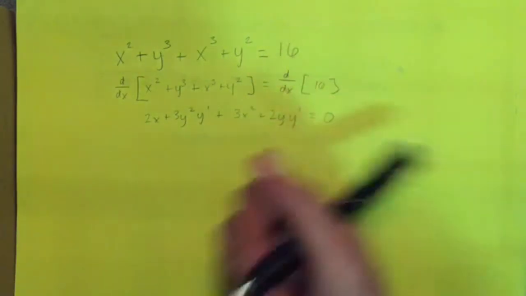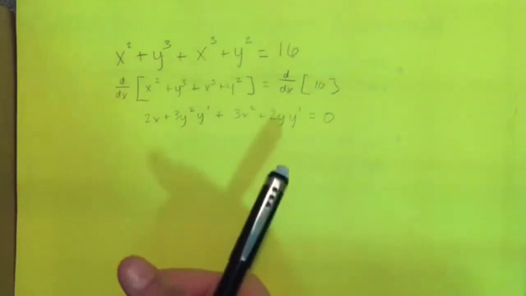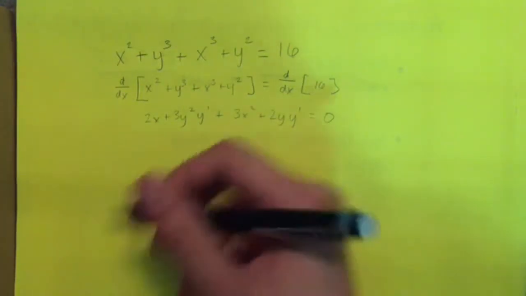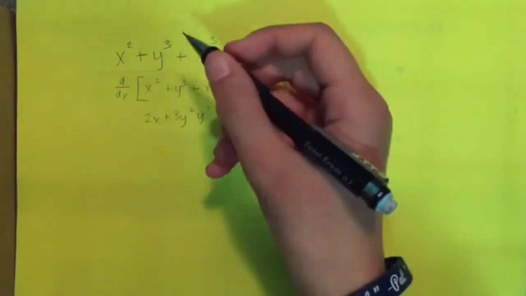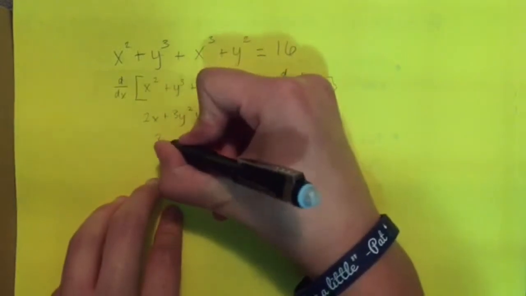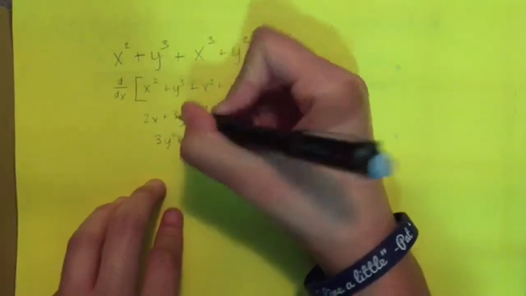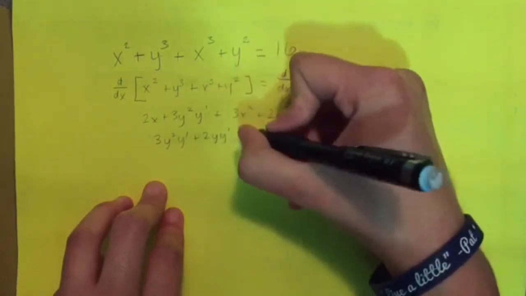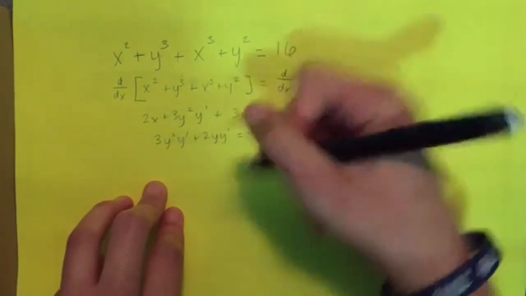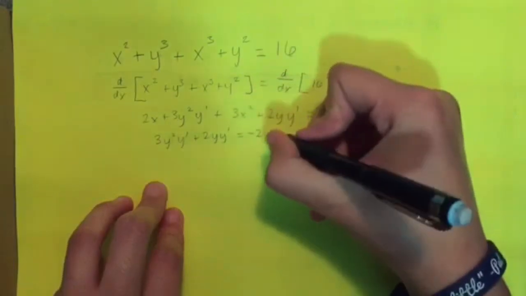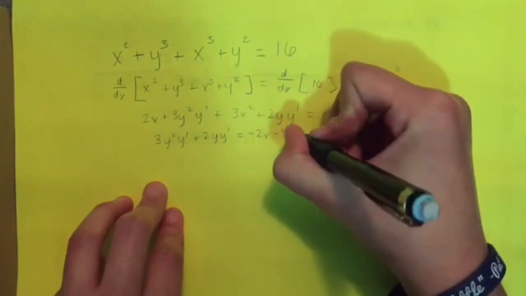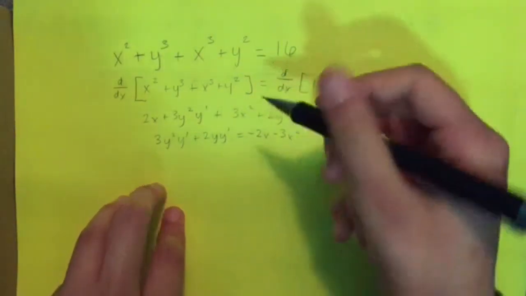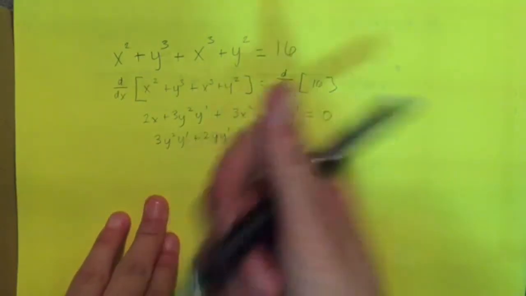So then you move all the terms involving y prime to the left side and everything else to the right side. So that would leave you with 3y squared y prime plus 2y y prime equals negative 2x minus 3x squared, because you move everything to the other side, and then you factor out y prime from the left side.